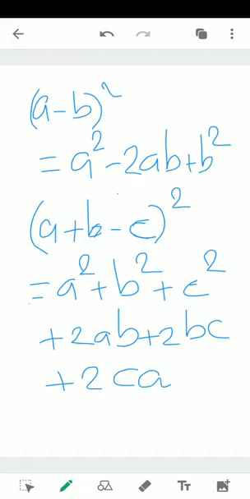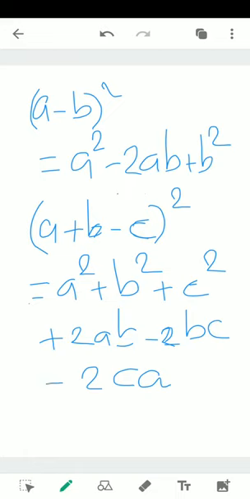But if you see b and c, the sign of b is positive and the sign of c is negative. So positive into negative happens to be negative. So it will be minus 2bc. Again for 2ca, it will become minus 2ca.